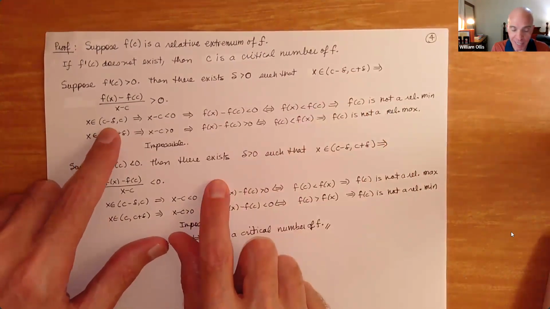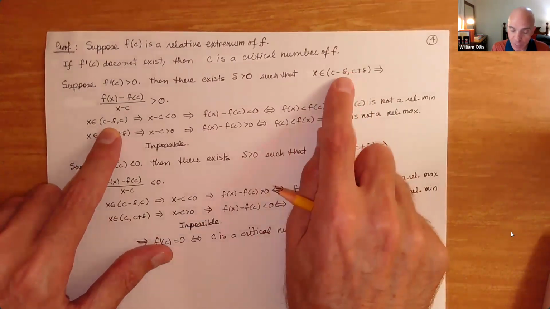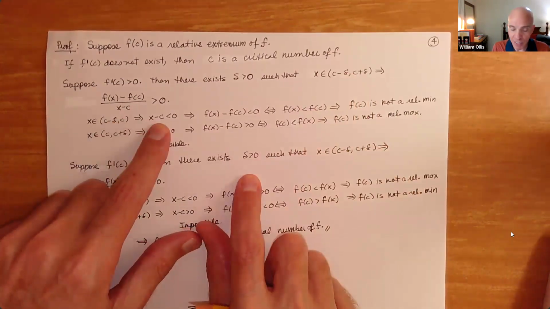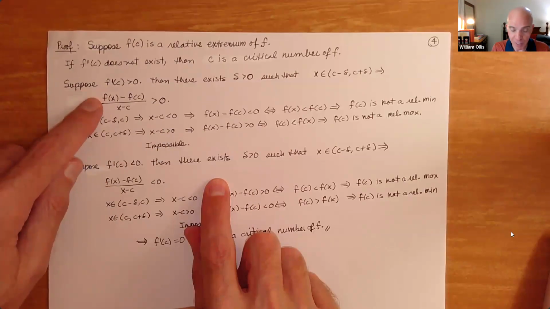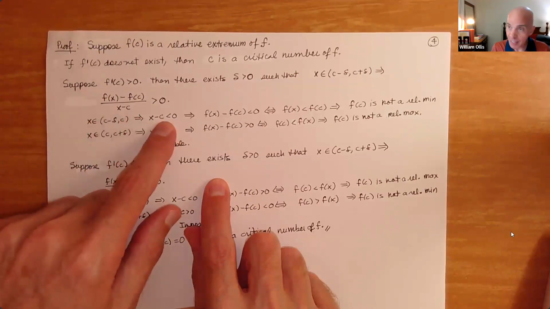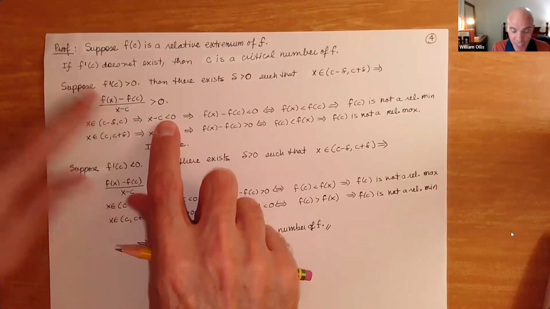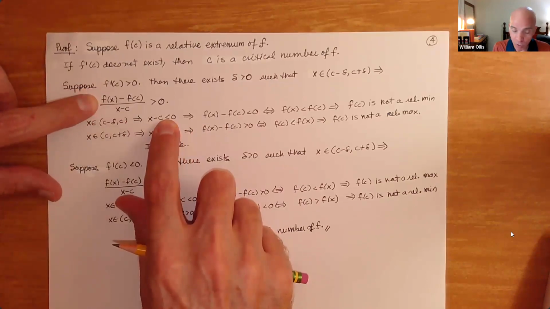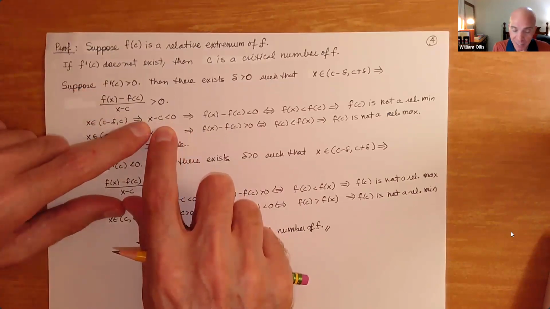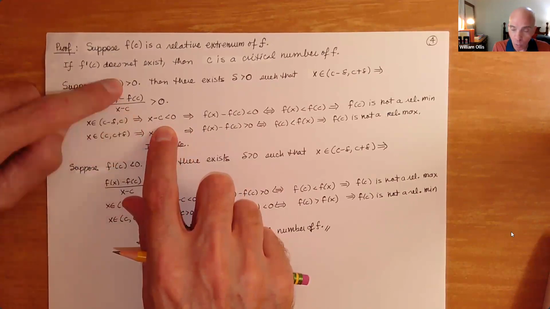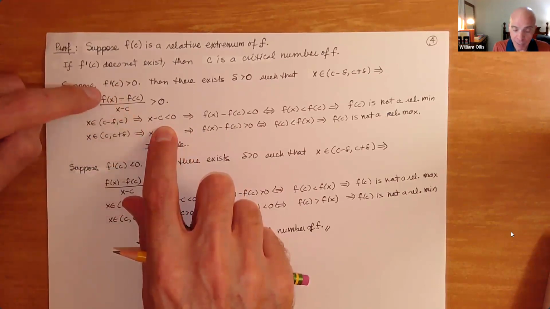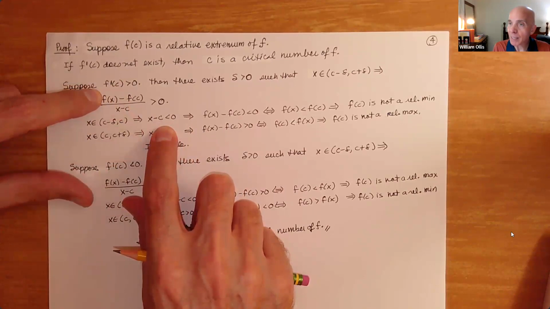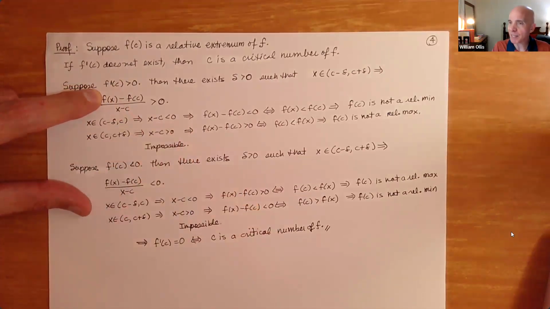So if we take x to be to the left of c, then of course x minus c is negative, and we need to preserve this difference quotient. Well, if x minus c is negative, for the quotient to be positive, the numerator must also be negative, or less than 0. Because the negative divided by the negative, using the properties of real numbers, would give us the positive result.